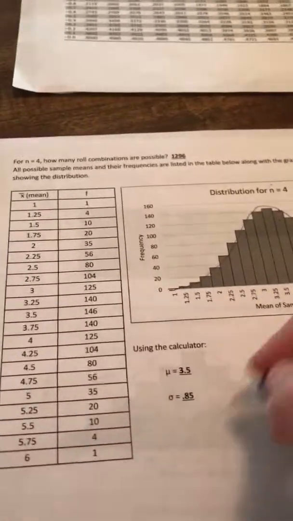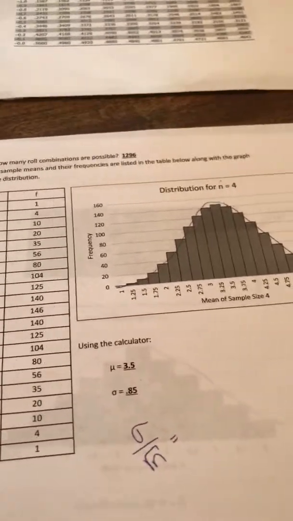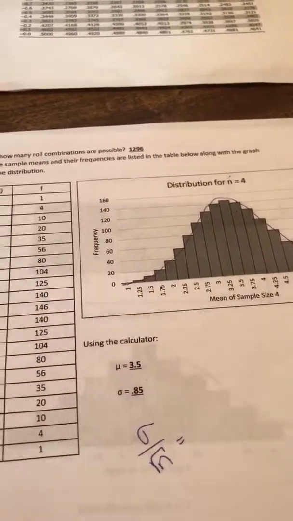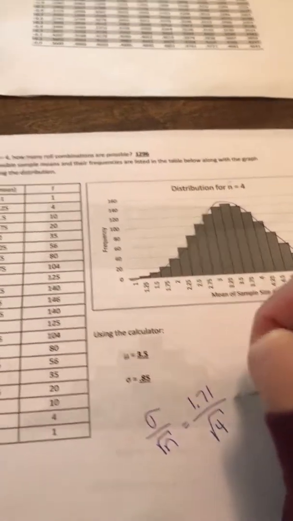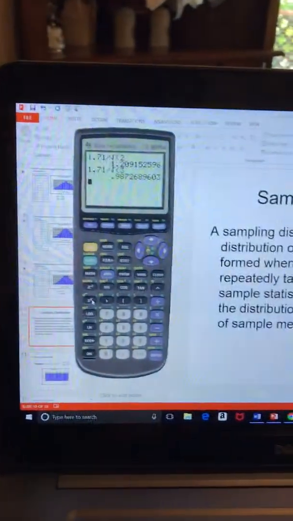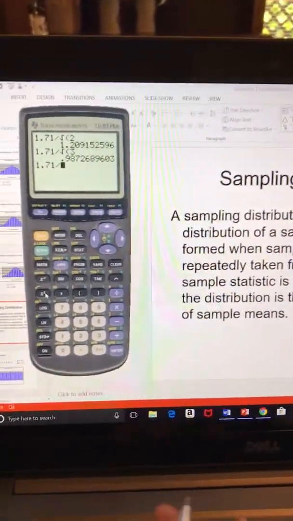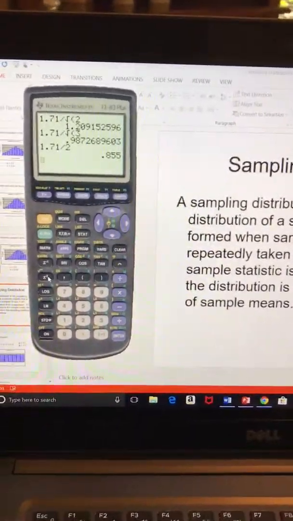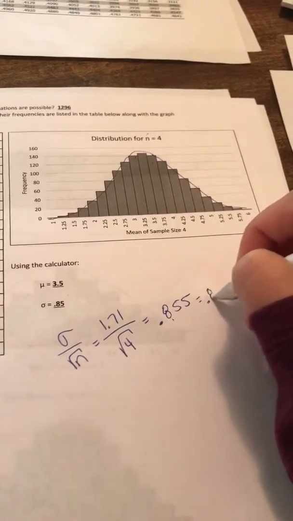For n equals 4, same thing. 0.85 is what the calculator said, so check it using the formula. We're going to do our original sigma, which is 1.71 divided by the square root of 4. So we would have 1.71 divided by 2, which is 0.855. So here's one where you might get a little bit of a rounding error, you might say 0.86.